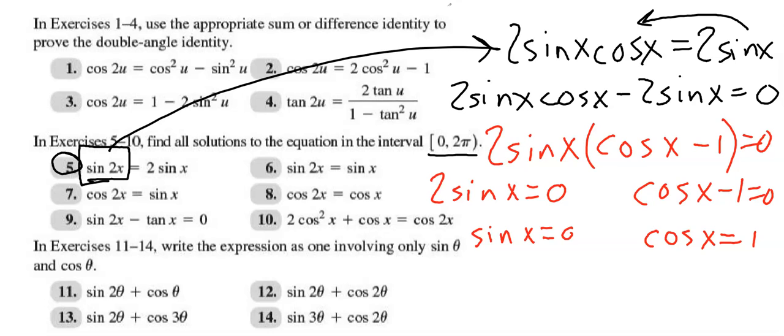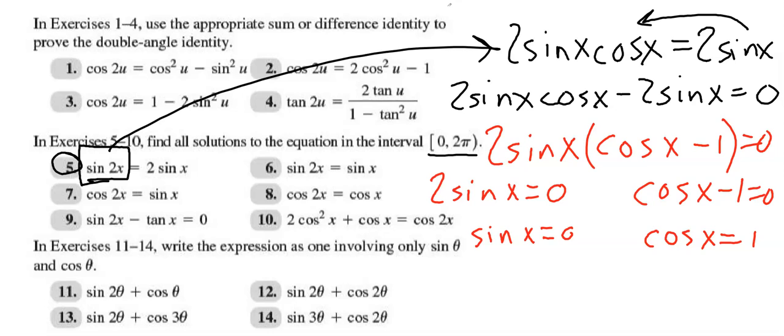Factored out the 2 sine x. Set your factors equal to 0, just like you did in Algebra 2, and solve them. Now this should only spit out 1 answer, and neither one of those is correct. Set this factor equal to 0, set this factor equal to 0, solve them.